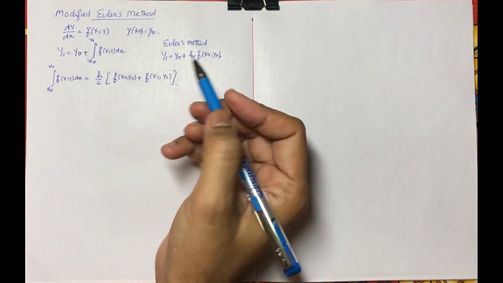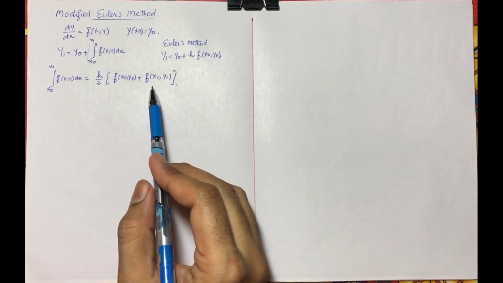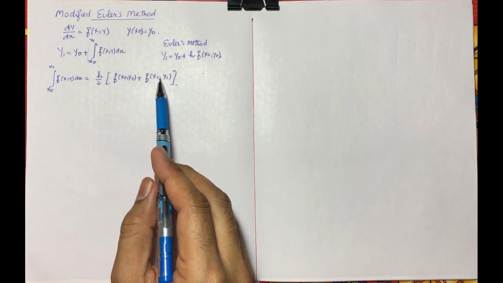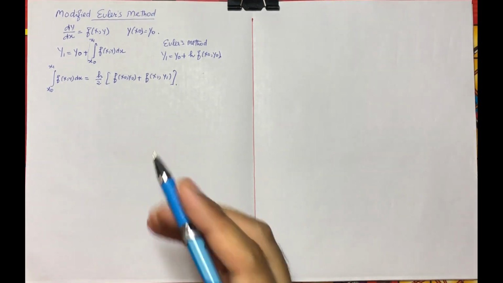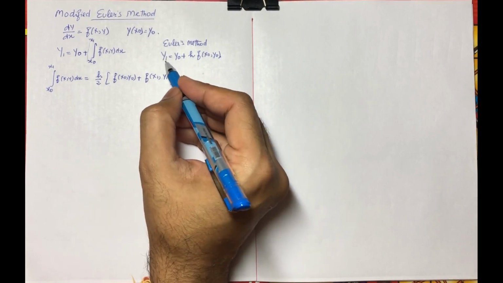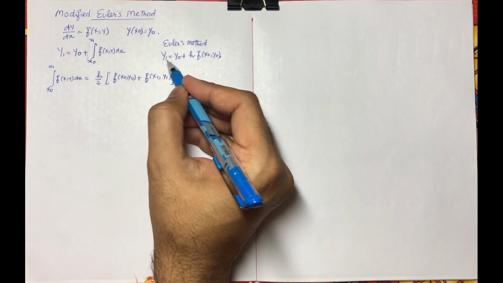Here you will be surprised to see that we are calculating y1 and we are using y1 here. So this y1 we will get from the previous method, that is Euler's method. First we solve the numerical using Euler's method.